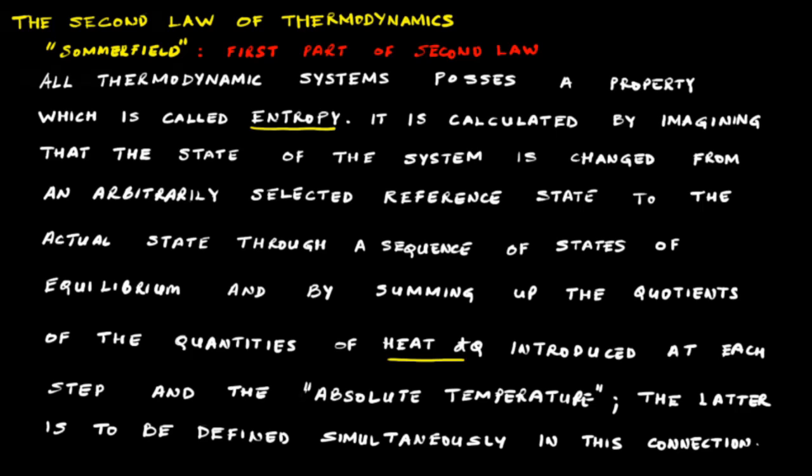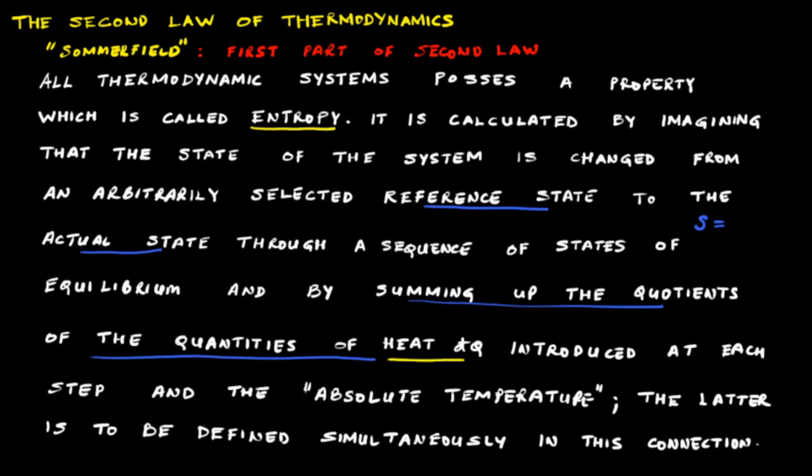So to make sense of this, what we are going to do is introduce a new state property which is called entropy, and we'll later on see that it is denoted by S. This S is evaluated by summing up the quotients of the quantities of heat dq introduced at each step, that is, along the path that takes the system from some reference state to the actual state, and the absolute temperature.